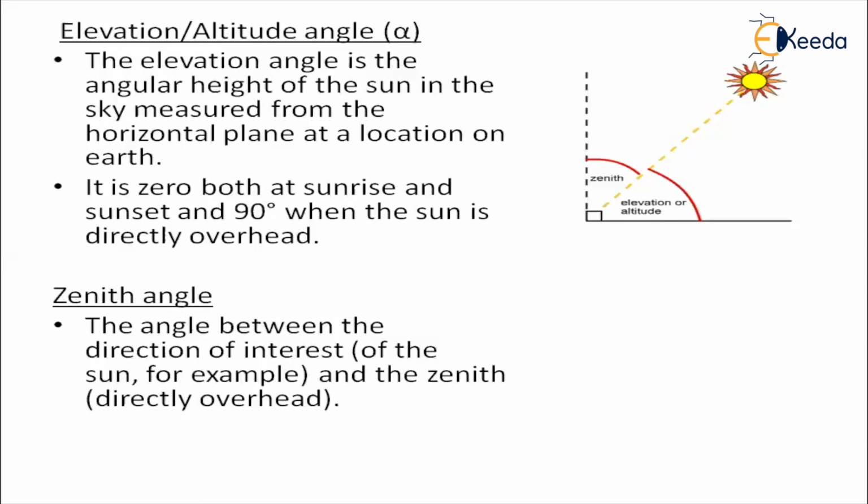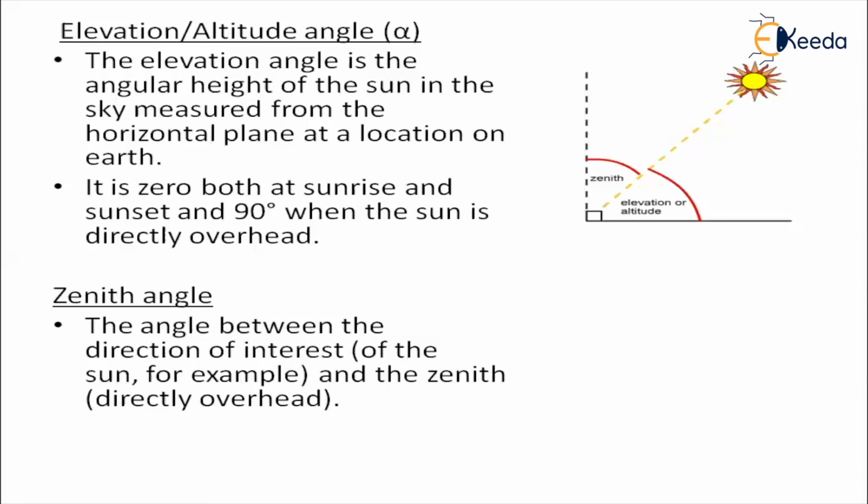What is the zenith angle? It is the angle between the direction of interest, that is the sun, and the zenith. So 90 degrees is equal to the zenith angle plus the elevation angle. But altitude angle and altitude are different.